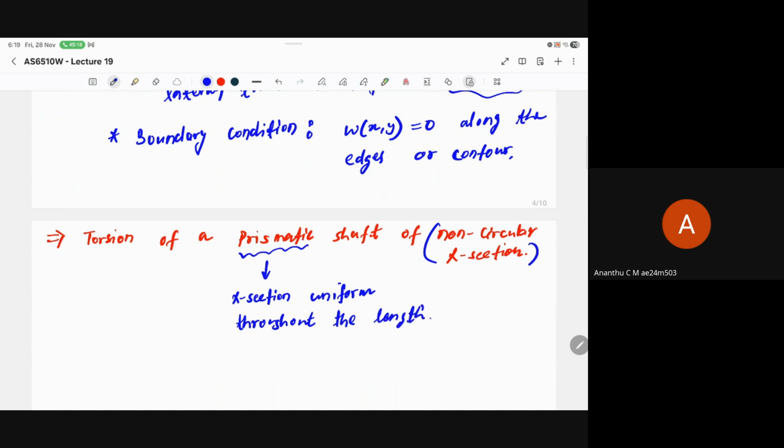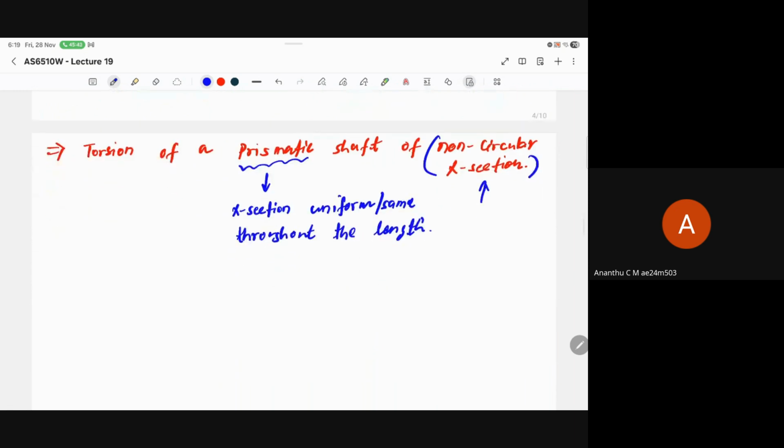Whatever is the length of the shaft, from one end to the other end, the cross section is going to be uniform or the same. That is the meaning of a prismatic bar. The cross section is not changing along the length of the shaft. Whatever the shape of the cross section, circular or non-circular, it is going to be uniform along the length. Okay.